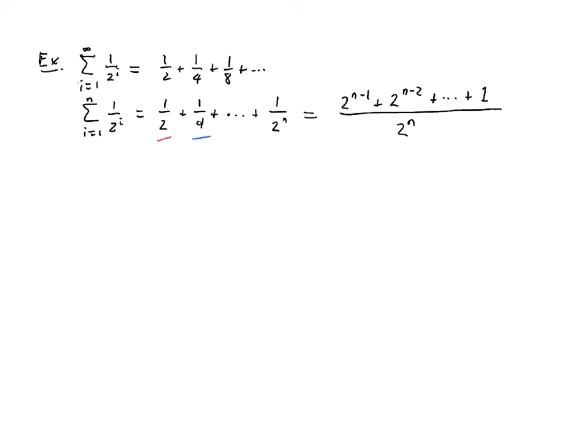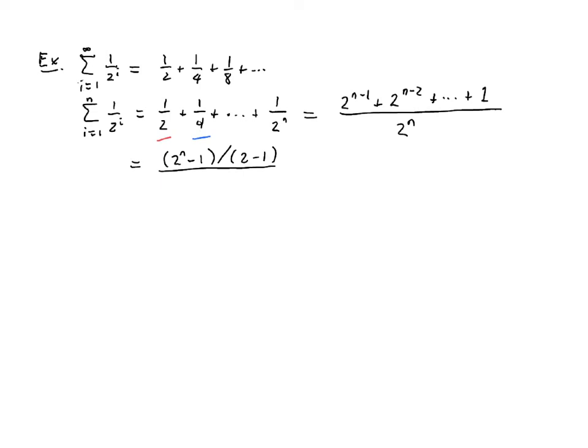Now, it is a fact, and one that we've certainly seen in Math 1060, if not in 1080, that when you add up the powers of 2, 1 plus 2 up to 2 to the n minus 1, that is the same thing in the numerator as 2 to the n minus 1 divided by 2 minus 1.